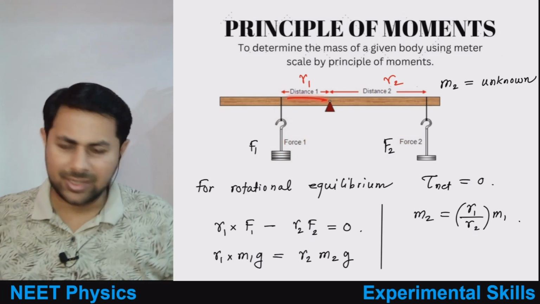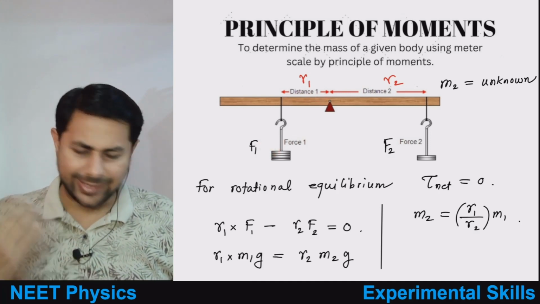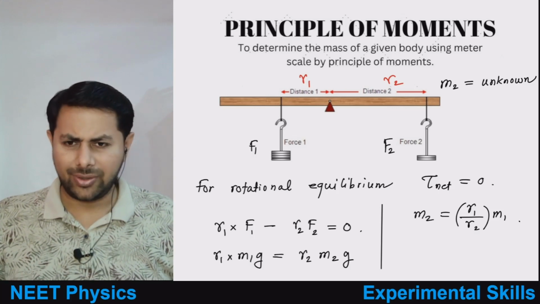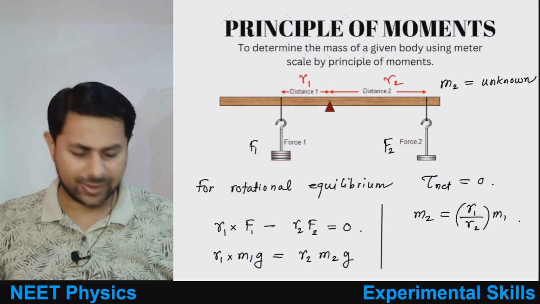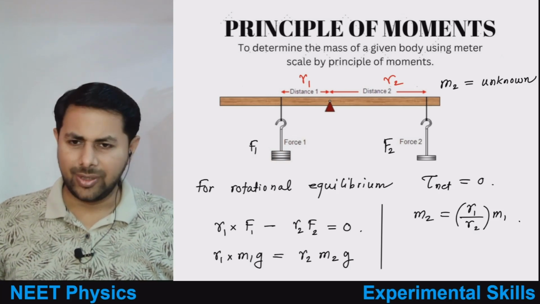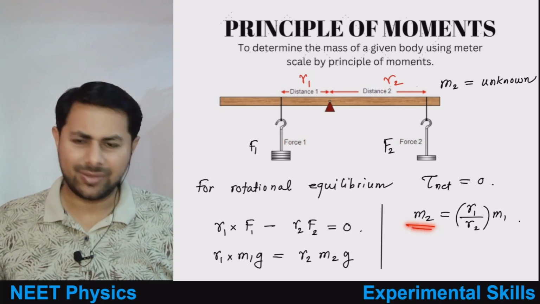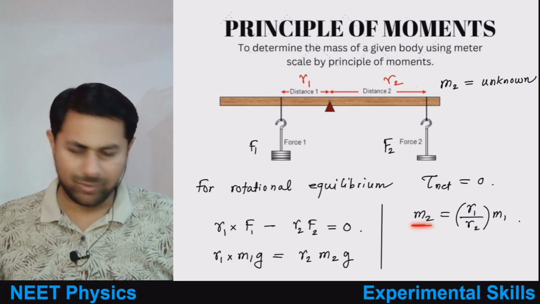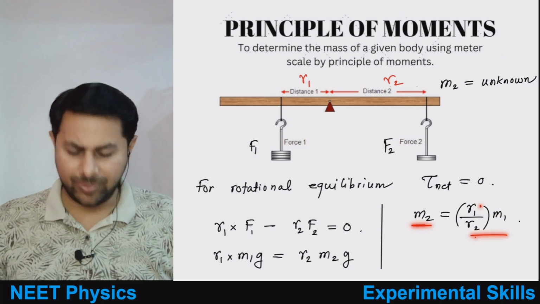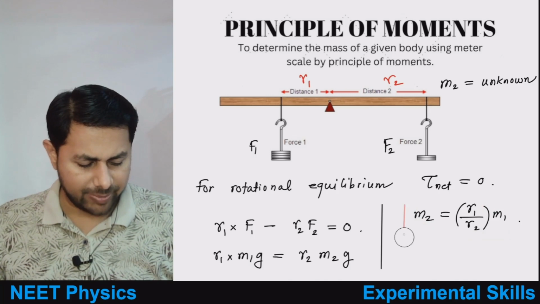Either the distance is fixed and the weights are changed, or the weight is fixed and you change the distance. Any one is the case. So this is the relation between m2 and m1: m2 is equal to r1 by r2 times m1. This is the formula. Very, very simple experiment, right?